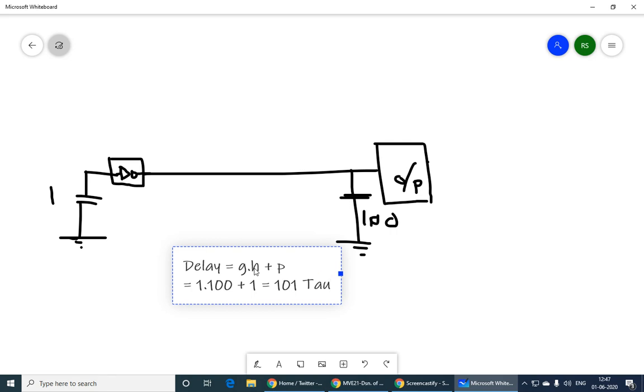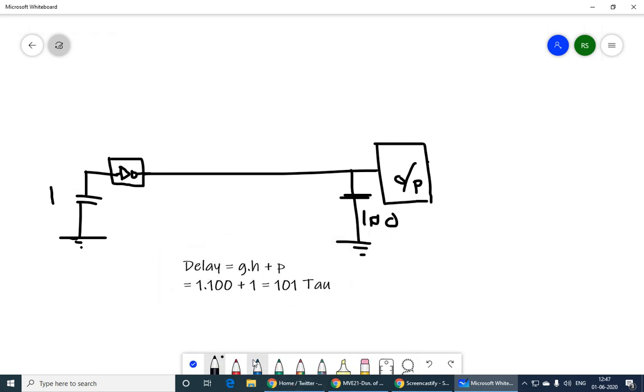It's very large. So generally in this case, what we do is insert a buffer between the input and output. A buffer is nothing but a series of inverters, and these are going to somehow reduce the delay. Let us see one example where I have put one more inverter.